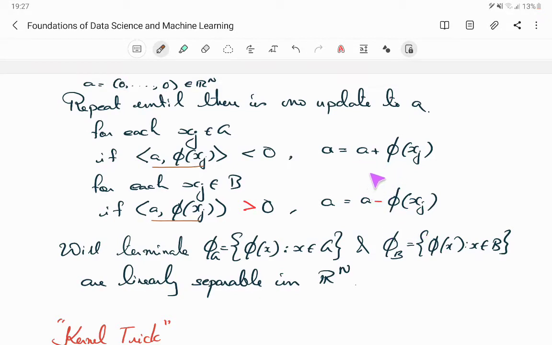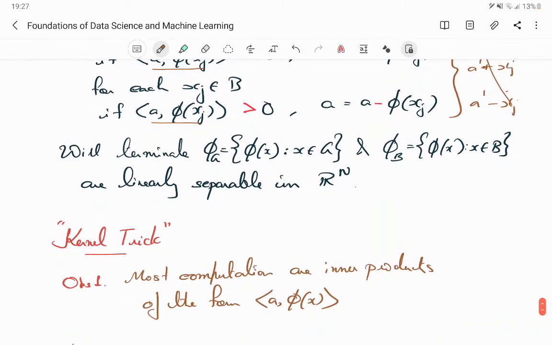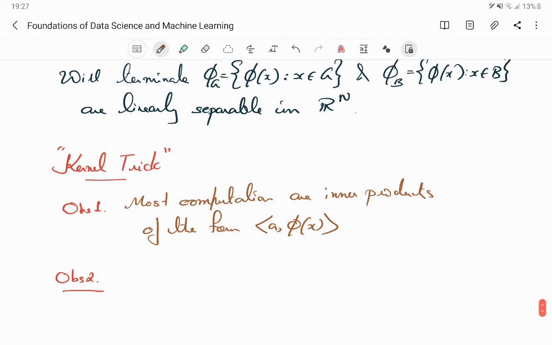This doesn't mean that a is of the form phi of a prime, where a prime is obtained by just adding plus xj or minus xj. What I'm trying to say is that phi is not a linear map. In fact, that is why you get a nonlinear separator. Whatever operations you do to a are linear operations in terms of adding or subtracting an embedding, but they needn't correspond to linear operators in the smaller dimensional space.